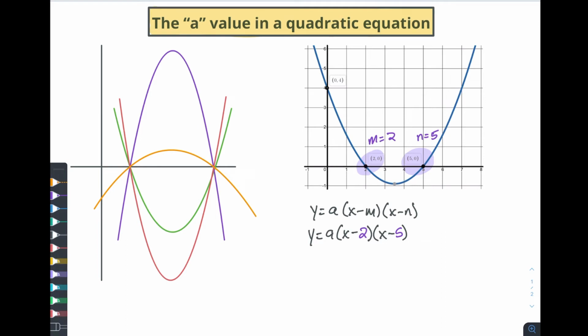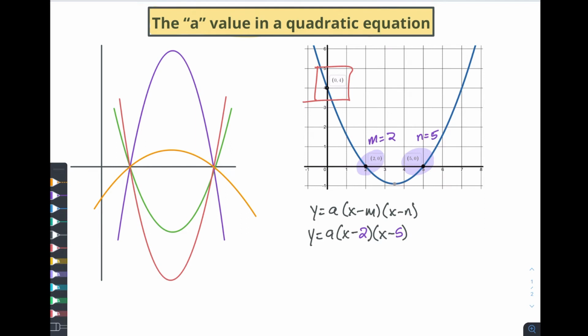Right up here, we have one other value that is on this quadratic. So I'm going to take this value of 0, 4 and drop it in for my x and my y, and that's going to leave me with just my A. Then I can find the specific equation for this blue quadratic right here.